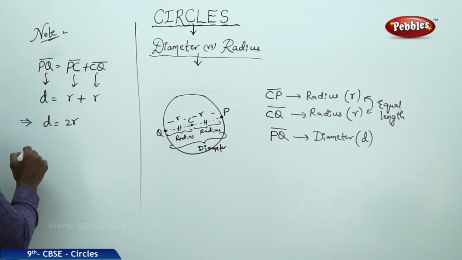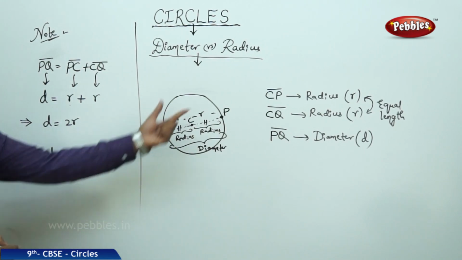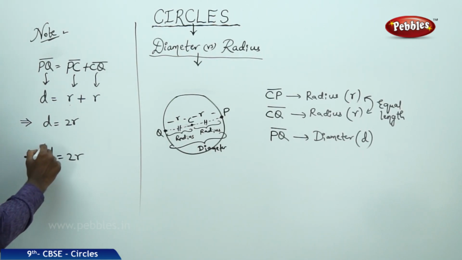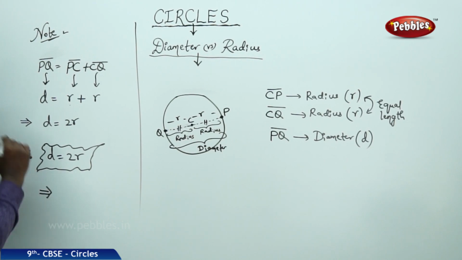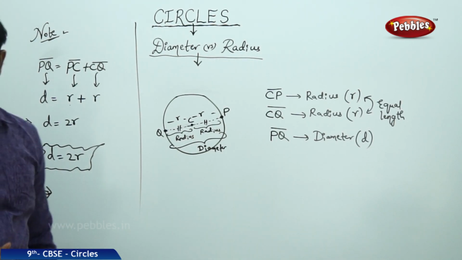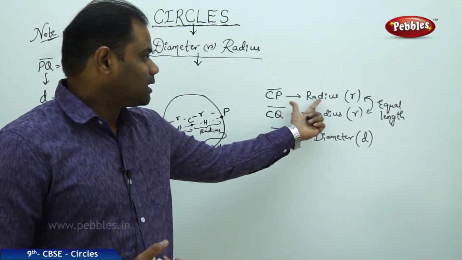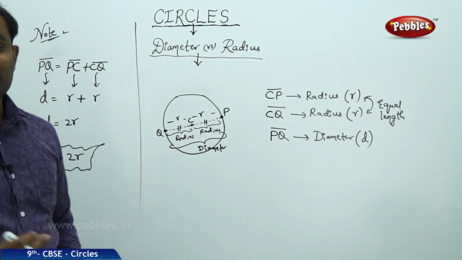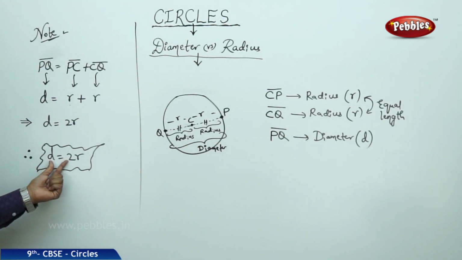So I find that there's a relation which connects the radius with the diameter, that is d equals 2r. That implies, how do you understand the statement d equals 2r? D being the diameter and r being the radius, d equal to 2r implies the diameter of the circle is equal to twice the radius of the circle.